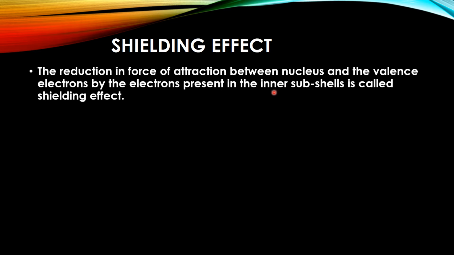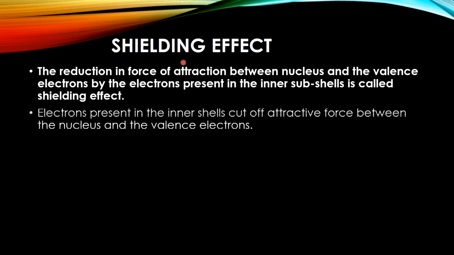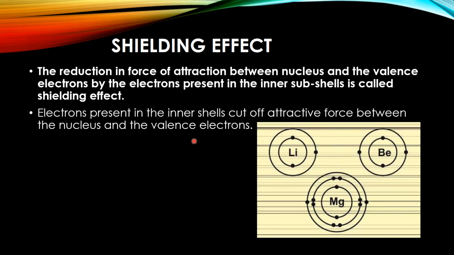So due to the presence of these inner subshells, the force of attraction between the nucleus and the valence electron decreases. It is called the shielding effect, as electrons present in the inner shell cut off the attractive force between the nucleus and the valence electrons.